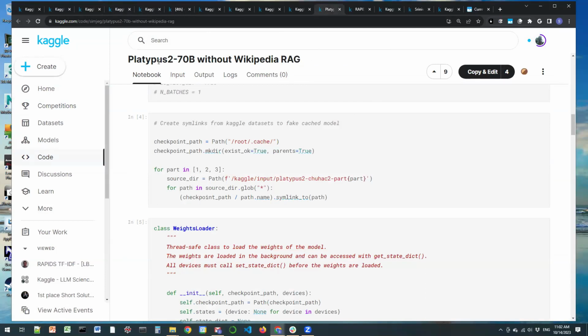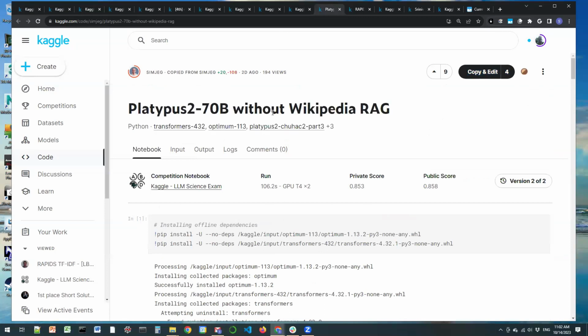I think his score with RAG that I saw, at least on the public, was 0.878 or something in that range. The best one that I saw, between 0.878 and 0.853, about 0.02, something, is what the Platypus 70 billion RAG seems to get.